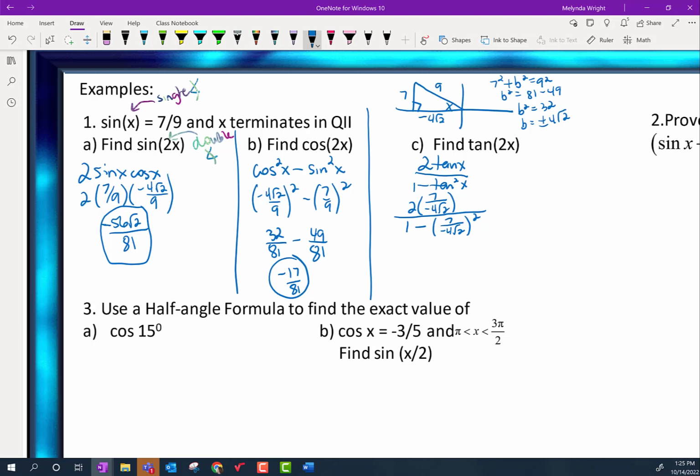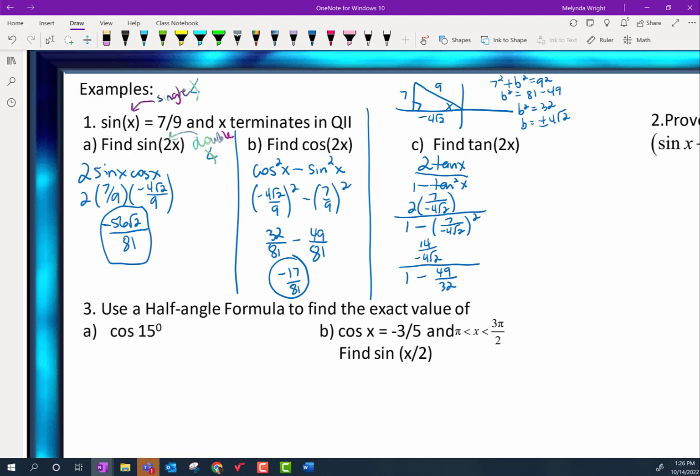I'll just do 2 times 7 is 14 over negative 4 root 2 over, let's see, 1 minus, let's see, 7 times 7 is 49. And we already squared the negative 4 root 2, didn't we? And we got 32. So if y'all are okay, I'm going to find a common denominator and turn this 1 into 32 over 32.